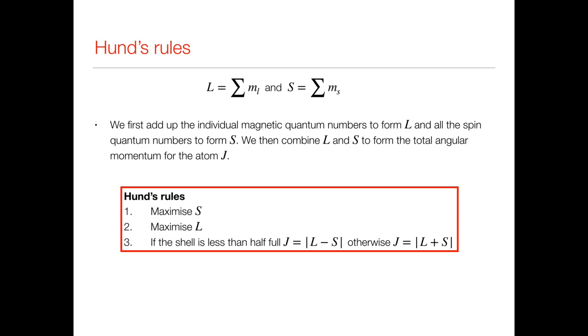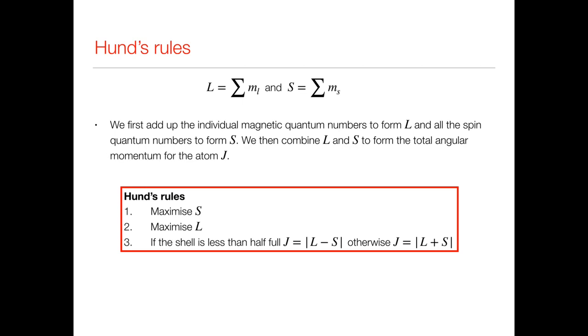I will just simply state them here, which is that we want the configuration that maximizes big S, that maximizes big L, and then if the shell is less than half full, we take this first definition, J is mod L minus S, and otherwise J is equal to L plus S. Now, if the shell is exactly half full, those two definitions give the same value of J, so there's no problem there.